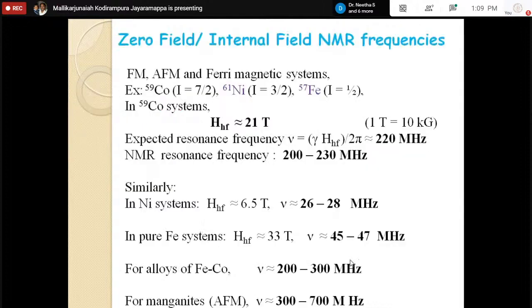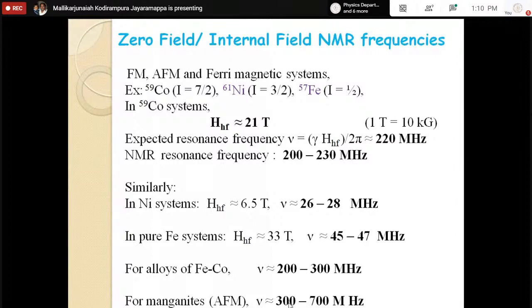And just for completeness, in the earlier slides we only talked about the hyperfine field, or strength of the magnetic field in Tesla: 33 Tesla for iron systems, 6.5 Tesla for nickel. Therefore, the corresponding NMR frequencies we observe will be in the order of 26 to 28 megahertz for the nickel system. For iron, 45 to 47 megahertz. For iron-cobalt alloys, the frequency range varies from 200 to 300 megahertz, and for manganites, from 300 to 700 megahertz.